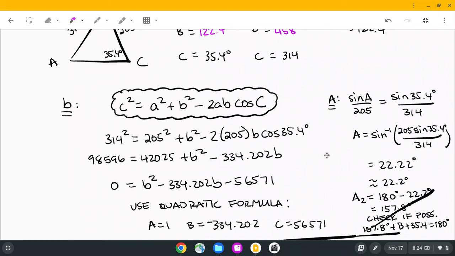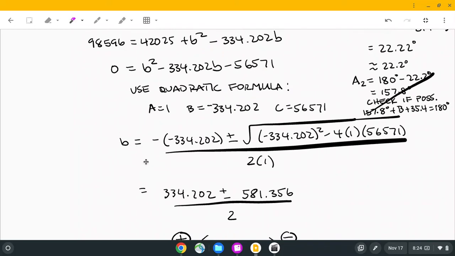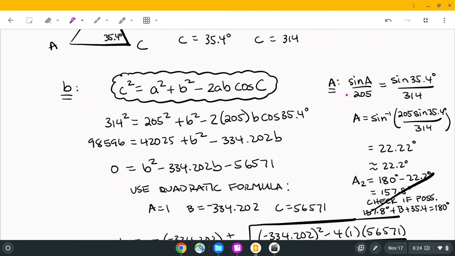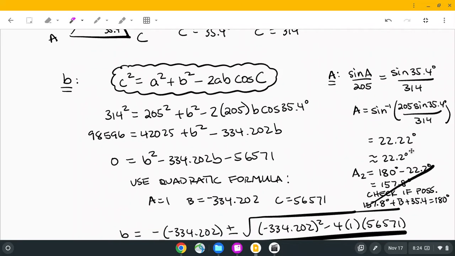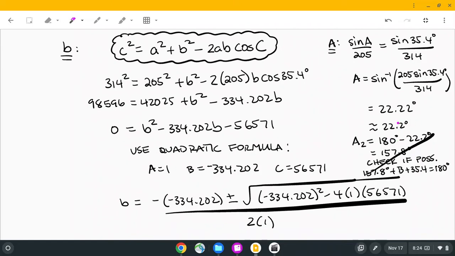So once you find another angle, we started off not finding an angle, but looking for a side, a missing side. But as soon as you are able to find that one angle, check to see if you can get a second angle by doing 180 minus the one you found. Okay, because remember, to find the second one, it will be in quadrant 2 with the same reference angle as whatever the angle that you found is. Okay.